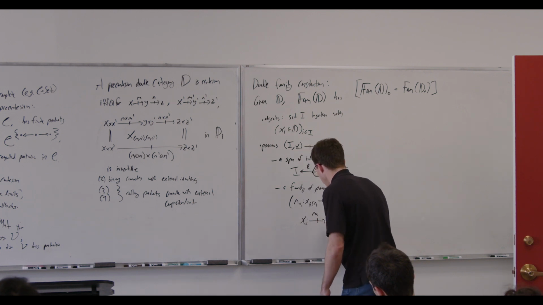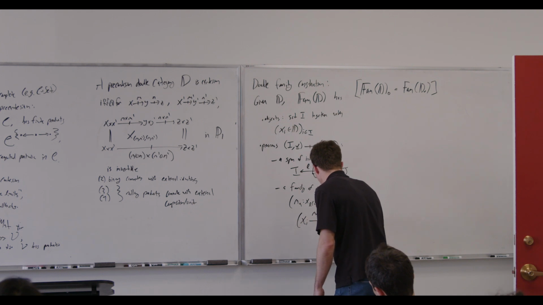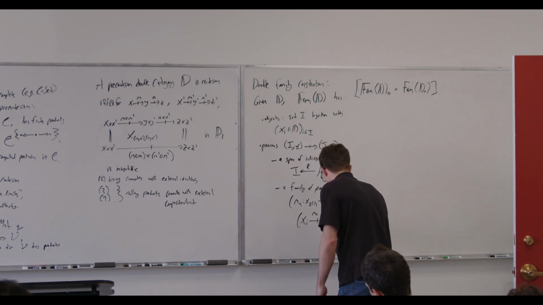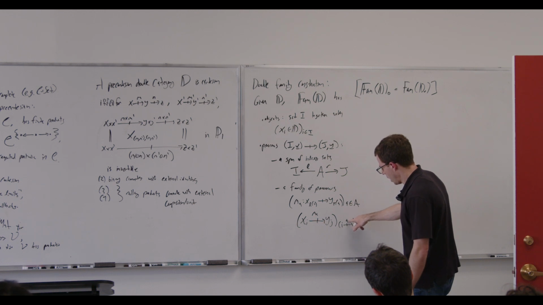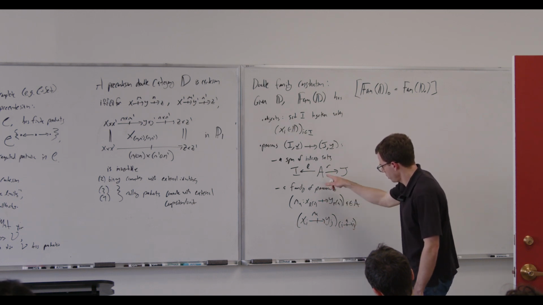So I often just write M_A from x_i to y_j, indexed by A's, where this is supposed to be read as A maps to i and j under L and R.